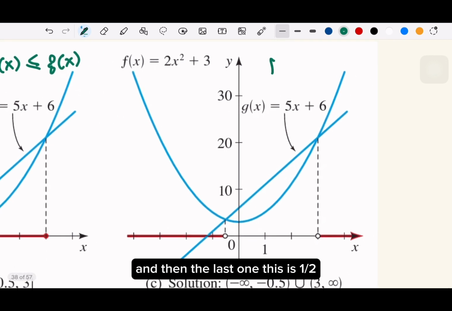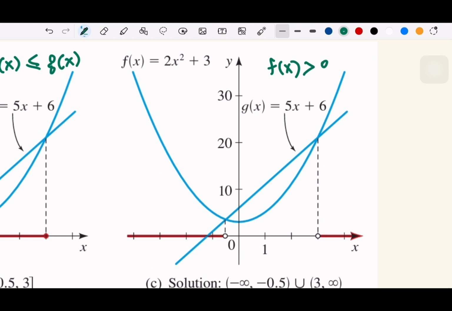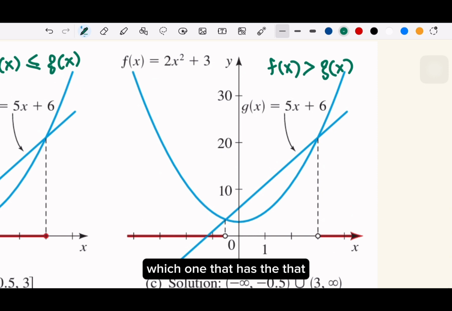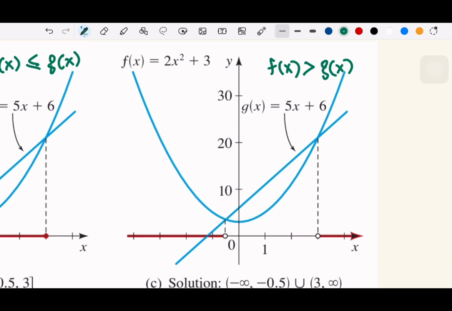This is f. So we need to find between these two functions which one satisfies f greater than g. So this is f, this is g. When f is above g, that is actually our solution.